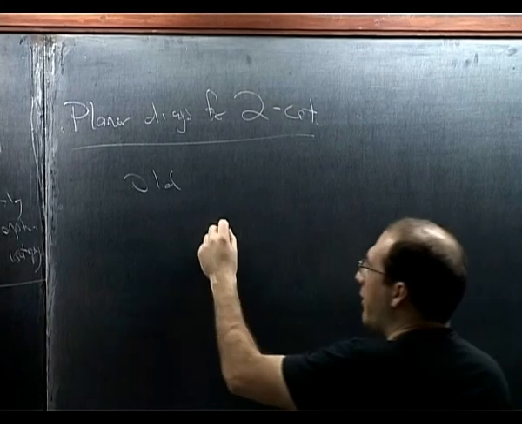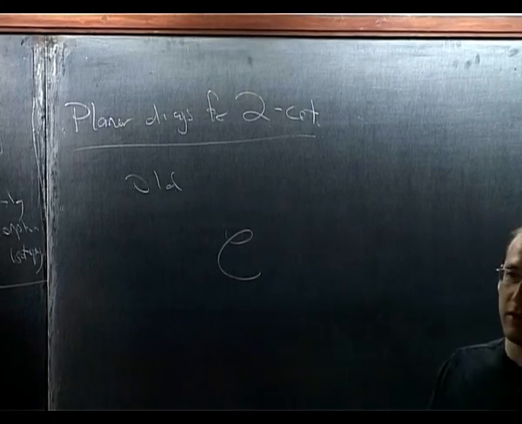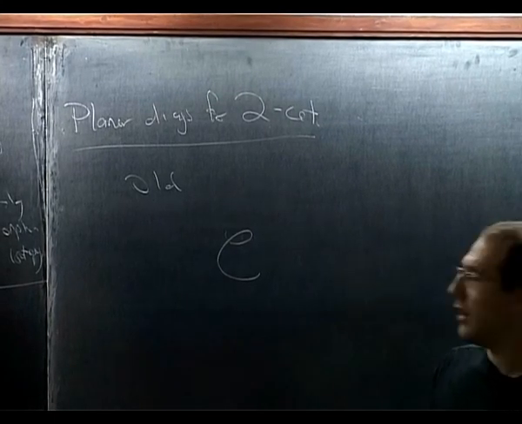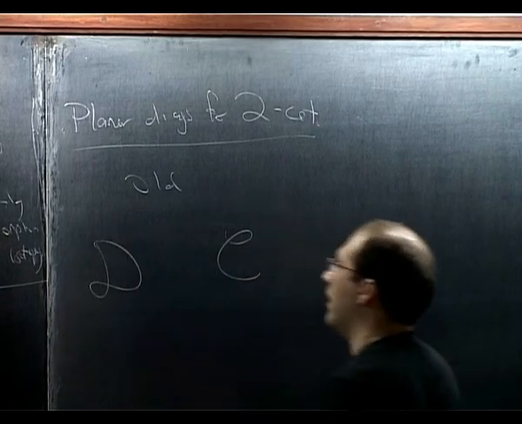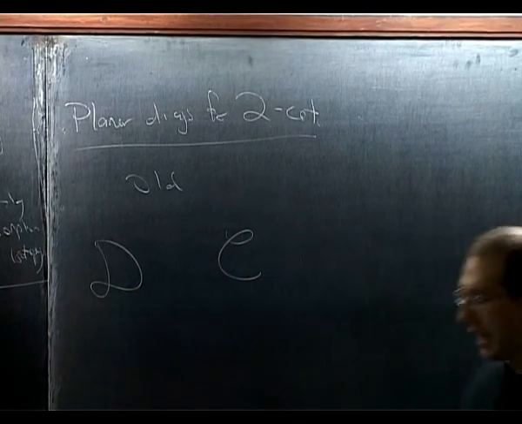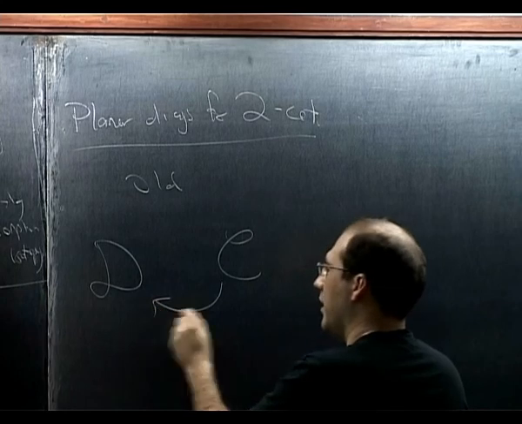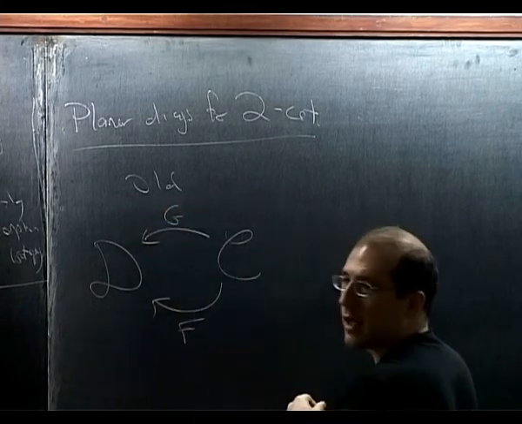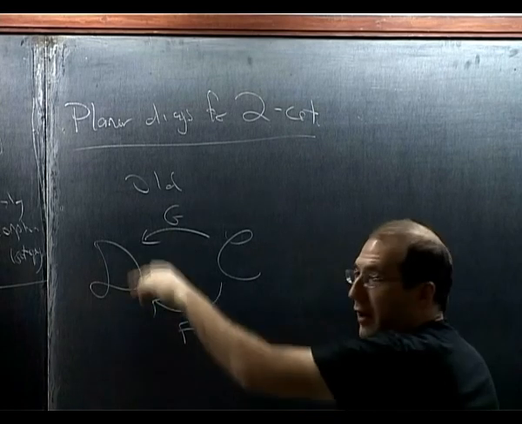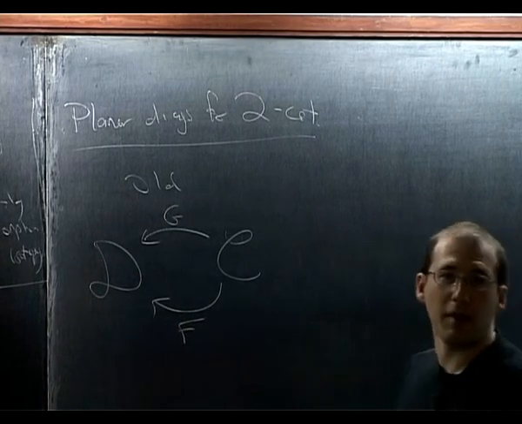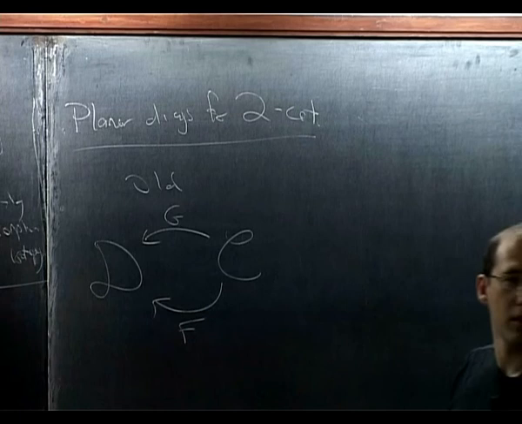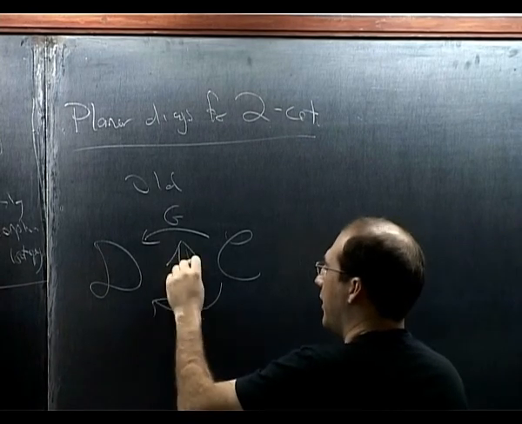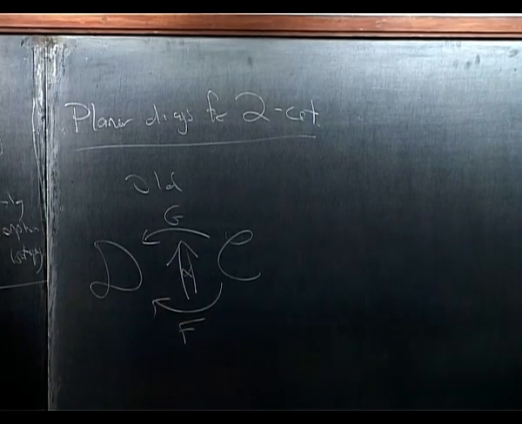Maybe you have a category here, which is called an object in a two category, and you've got another one there. And then maybe you have a one morphism and another one morphism, or you can think a functor and another functor. And between these things, there might be a two morphism or a natural transformation. And we draw the situation like this.